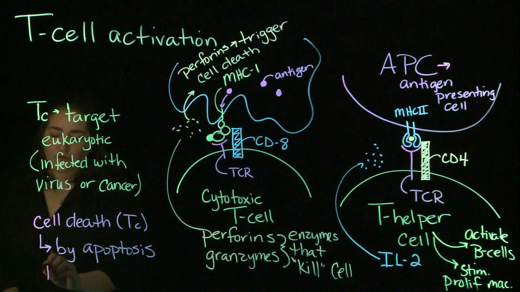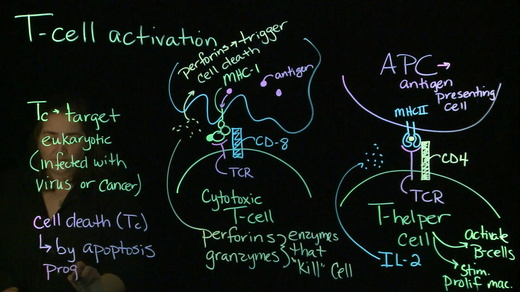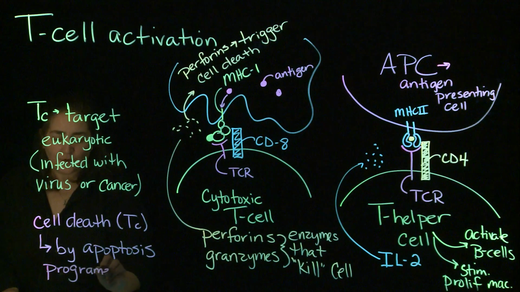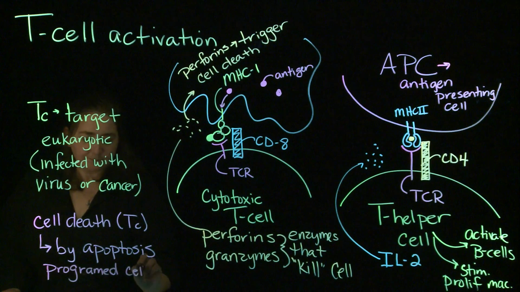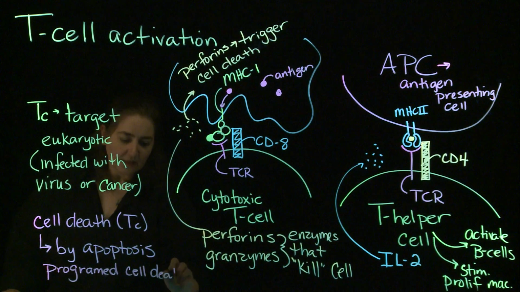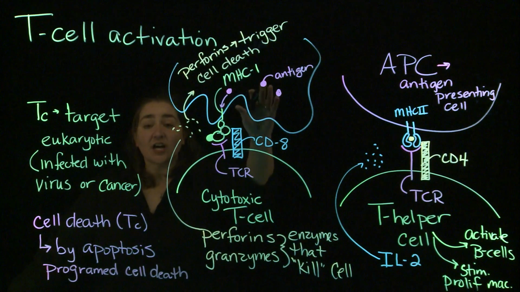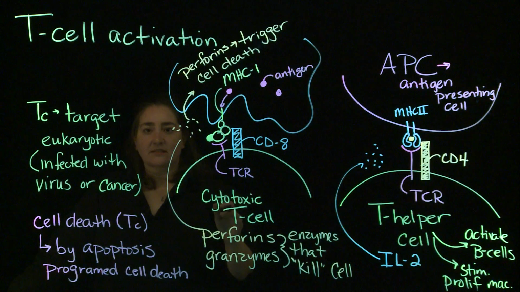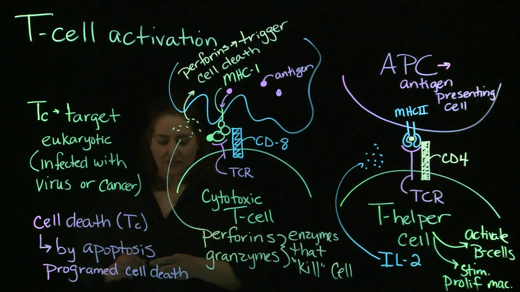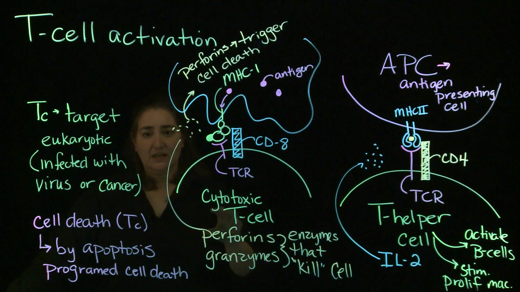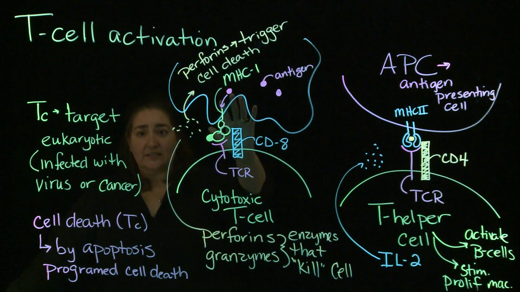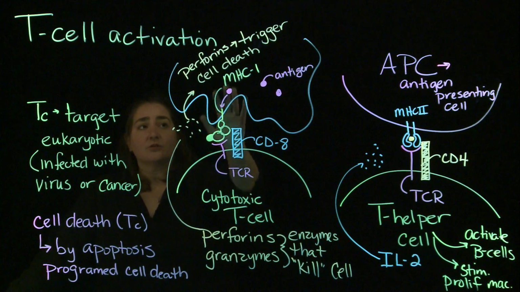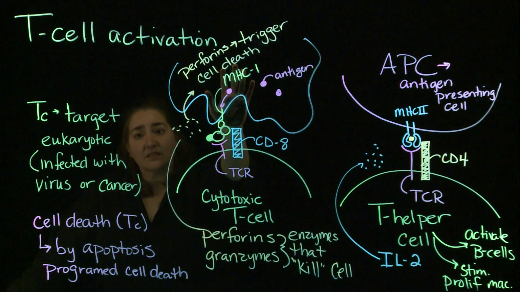So it's considered programmed cell death, meaning it's just that eukaryotic cell that dies. It doesn't take out the cells next to it. This is what I mean with cytotoxic T cells really being more like a sniper. They're targeting something specific.